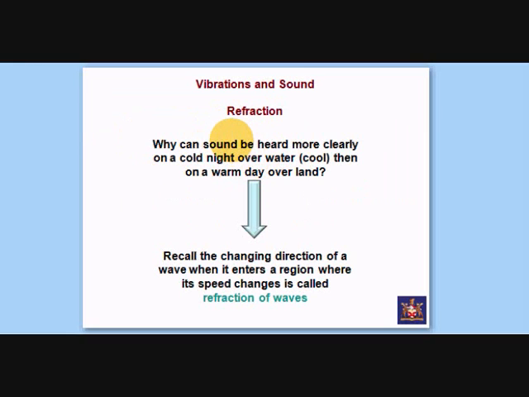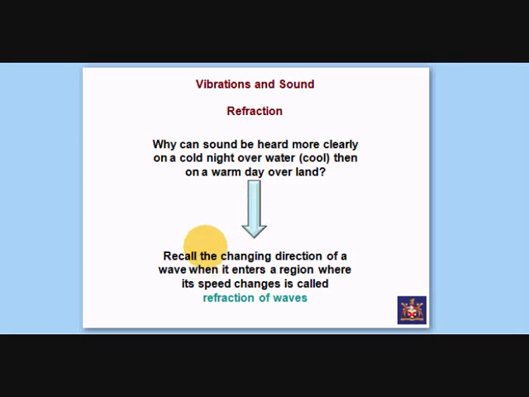Next you've got refraction, and refraction is easier to demonstrate with light waves actually, but in any case for sound waves it too can be demonstrated and witnessed, as in this question: why can sound be heard more clearly on a cold night over water, which is relatively cool, than on a warm day over land?